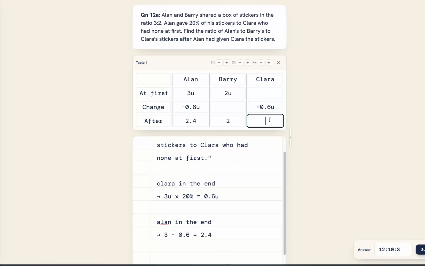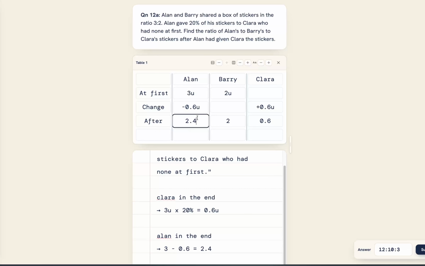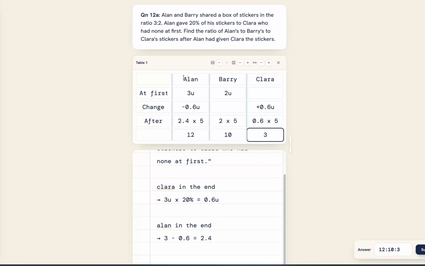Barry is 2. And Clara is 0.6. So now what we can do is for the after, we can just multiply by 5. So 2.4 times 5 is 12. 2 times 5 is 10. And then Clara will be 3 units. So therefore, the answer to this question is 12 to 10 to 3.